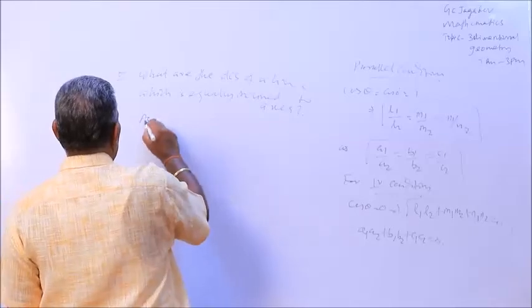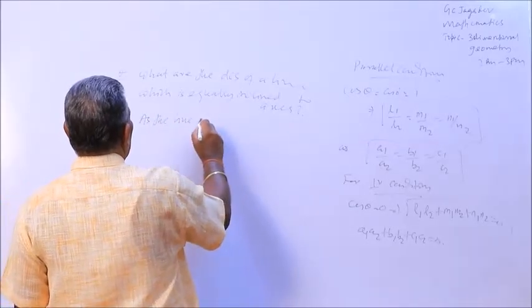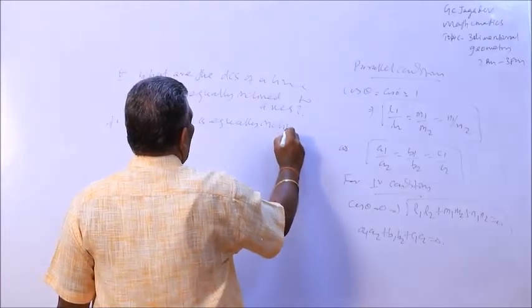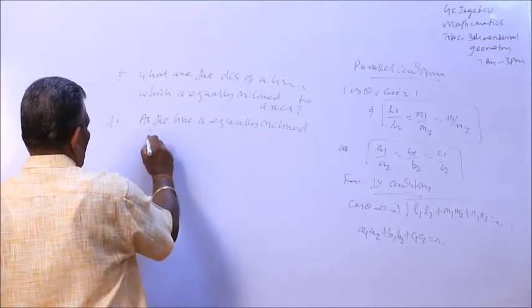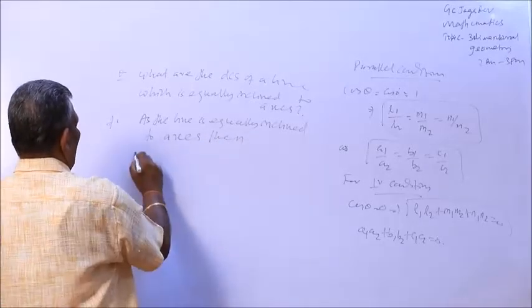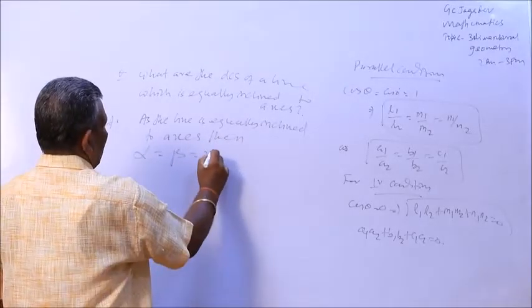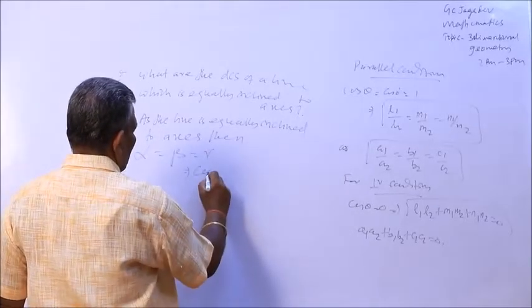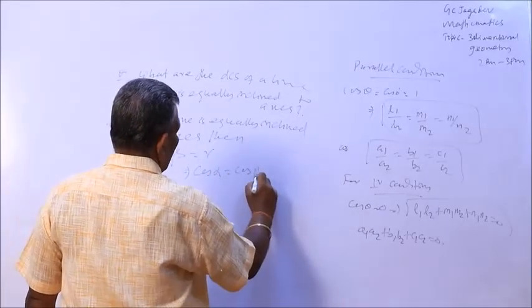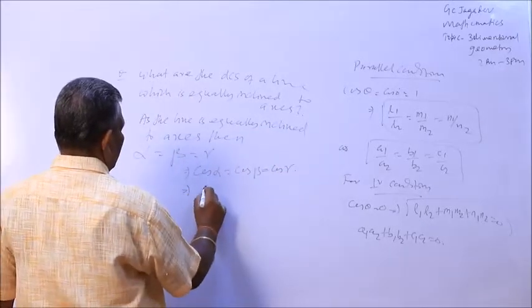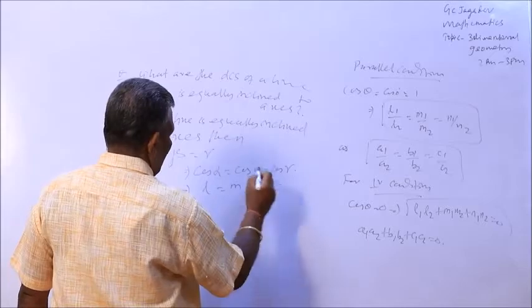As the line is equally inclined to axis, alpha equals beta equals gamma. That implies cos alpha equals cos beta equals cos gamma. That implies L equals M equals N.